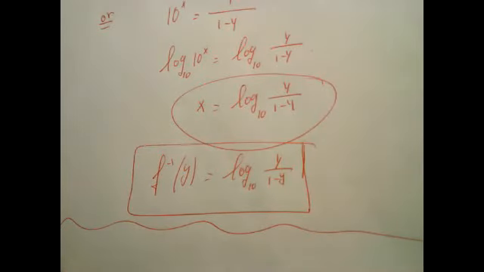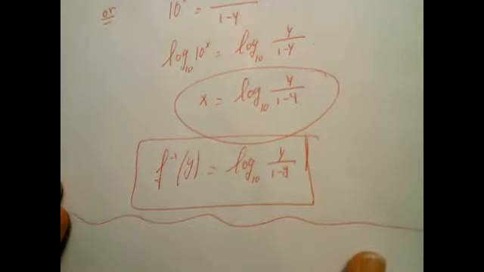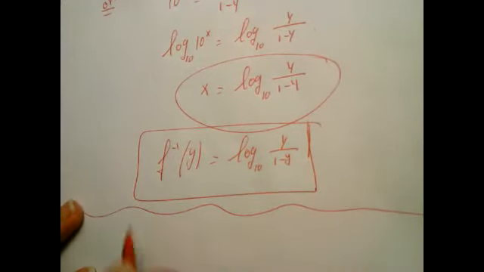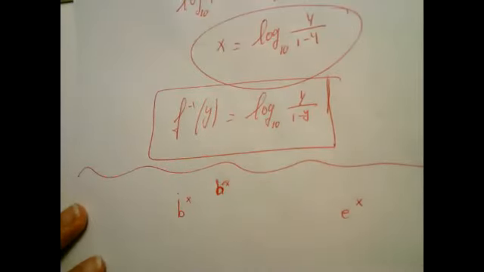Now, the graph that I want you to know so far is the exponential a to the x, sorry, b to the x, I remember we called it b. And of course, e to the x always. And b to the x, the graph depends whether b is bigger than 1.